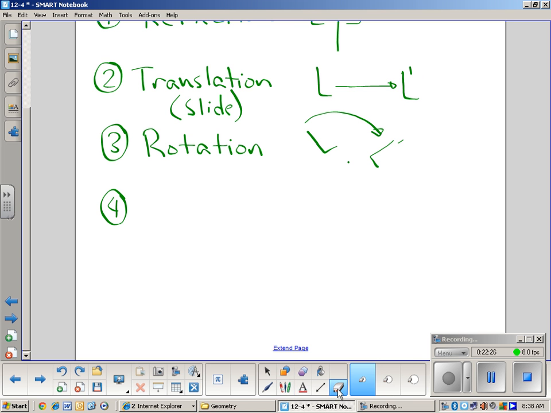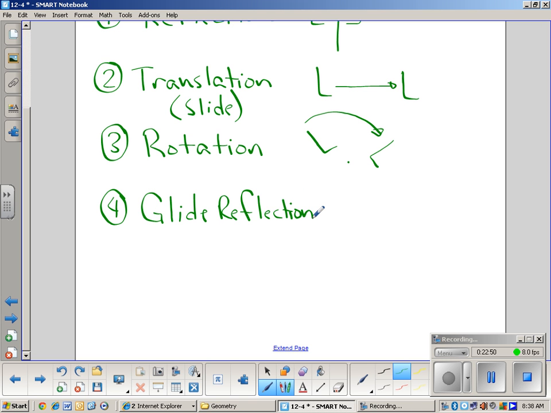Okay? And then the fourth one. I didn't come out and say it yet. What was it? A glide reflection. A glide reflection, we just did one, looks something like this.